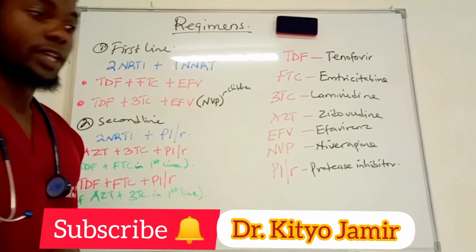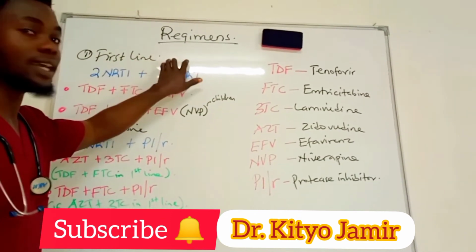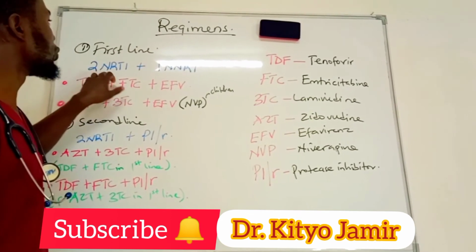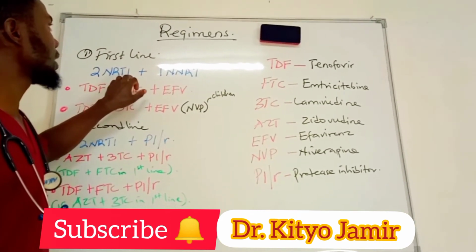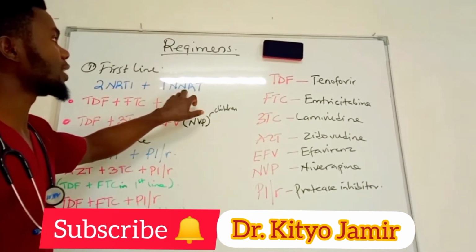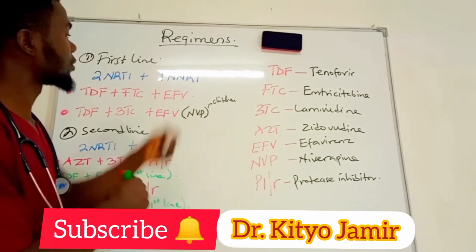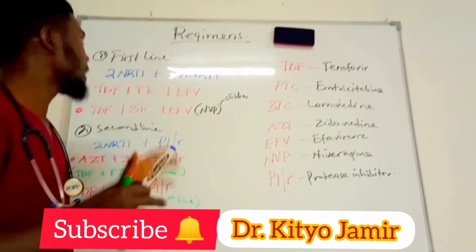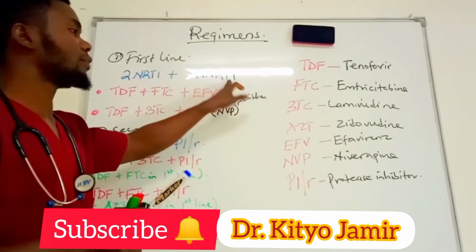In treatment we have the first line drugs. We can have two nucleoside reverse transcriptase inhibitors and one non-nucleoside reverse transcriptase inhibitor. So in the first line of drugs, we combine two nucleoside reverse transcriptase inhibitors and one non-nucleoside reverse transcriptase inhibitor.